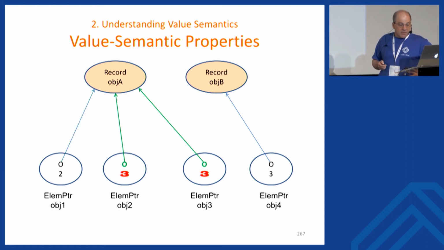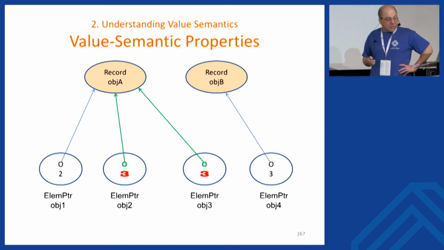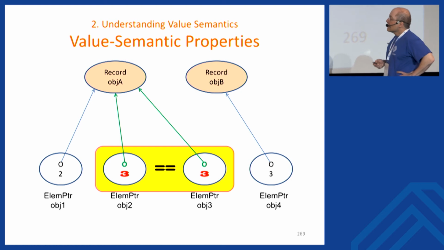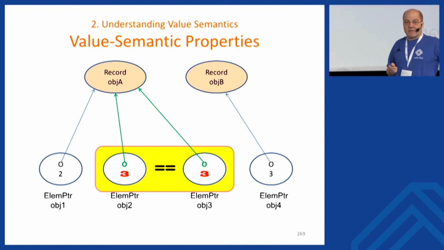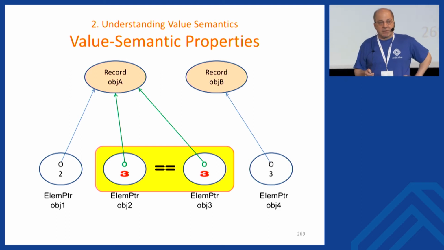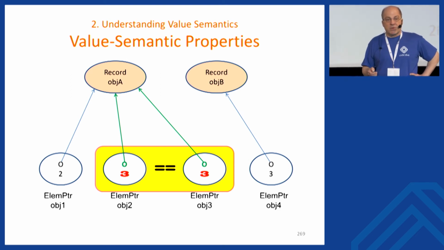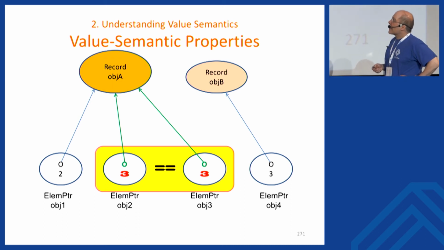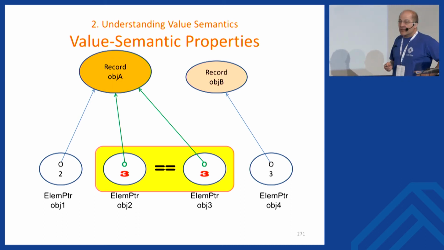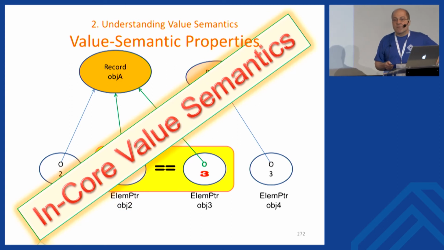And now there's something else in them, which is the index, that refers to the element within the value. So objects 2 and 3 represent the same value. This value is a different kind of value, though. It's not representing a mathematical type. It's relevant only within the current process. What's good about this is if the record object A changes, they're still the same because they're referring to the address.